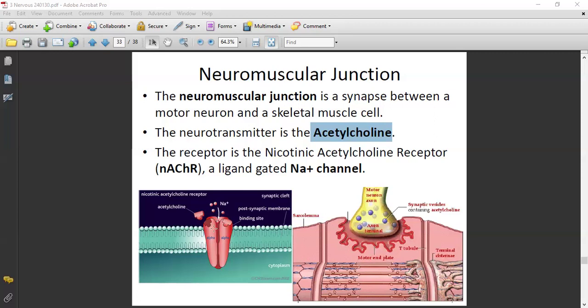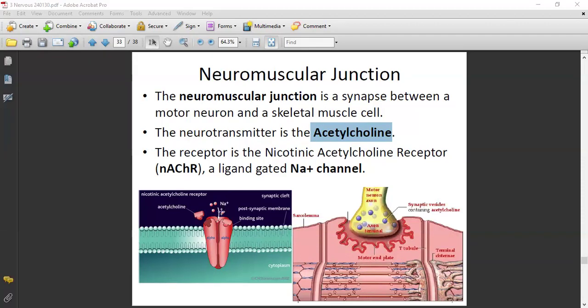And when it opens, ion will diffuse from high concentration to low concentration. And here is extracellular space. This is intracellular space. Which space has more sodium? It's extracellular. So sodium diffuses in.